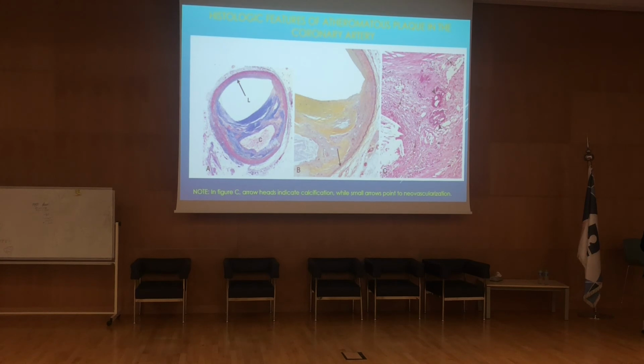You can hardly see media. So by narrowing down this media this much, there is a weakness in the vessel wall. And the aneurysm usually comes from this area because it is so weak, and it usually bulges out as an aneurysm.